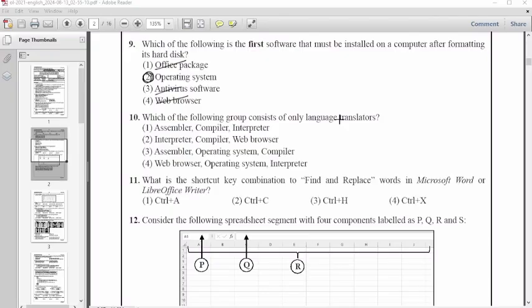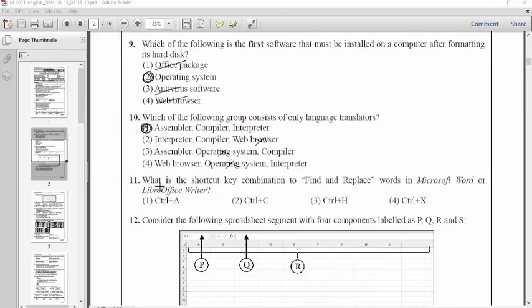Here I can immediately skim through this to find out this web browser is definitely not, so that's out. Then operating systems are not, so those are out. An operating system is not a language interpreter, not a compiler. So the remaining one is assembler, compiler, and interpreter. That is the correct answer.